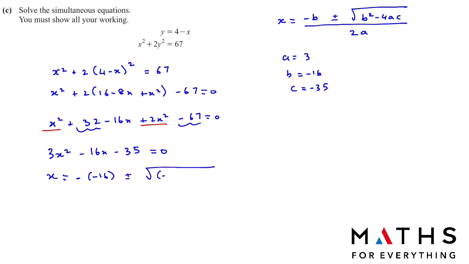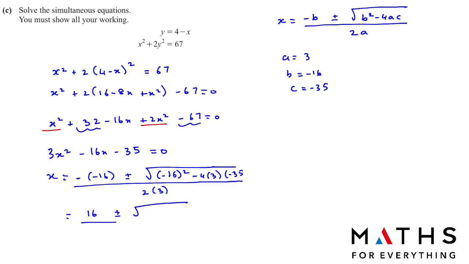Put your b in a bracket and then write square. Everything in proper brackets over 2 multiplied by 3, our a. So the negative and negative will give us positive. 2 multiplied by 3 is 6.